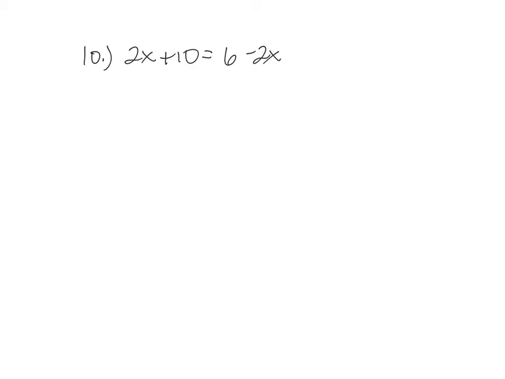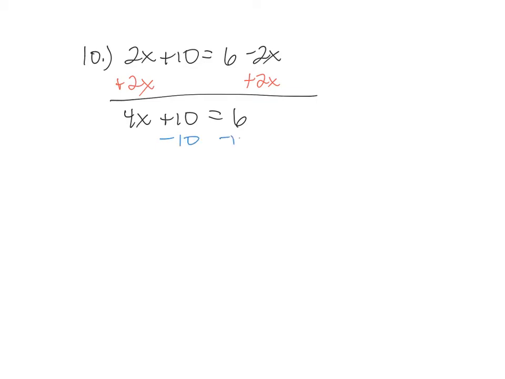So negative 2 is smaller than positive 2, so I want to add 2x. So remember, when I am moving a number and the x, I'm always going to add and subtract. Okay, then I'll do minus 10, divide by 4 and x equals -1.